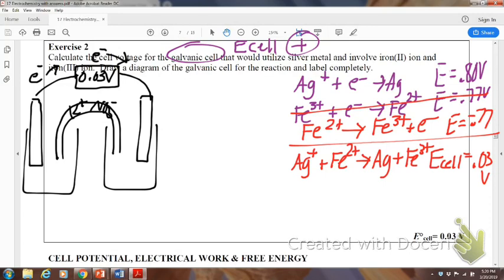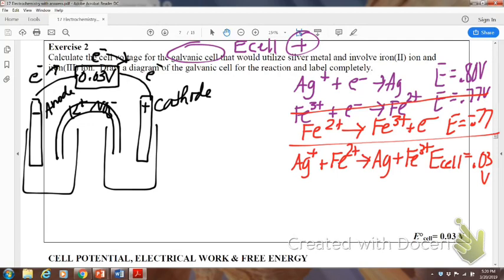So always show your flow of electrons. It doesn't really matter whether you draw, you could flip this and do anode to cathode. I just out of habit always go anode over here because it's in alphabetical order, but you don't have to. You could do the cathode first, but then you make sure you show the flow of electrons. The cathode is positive, the anode is negative.